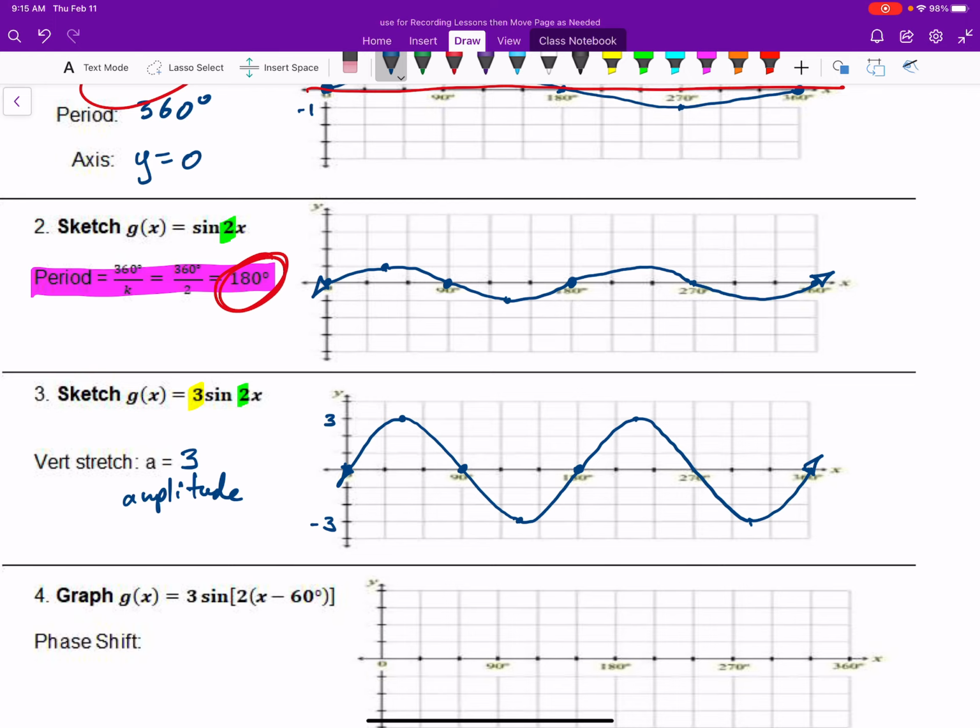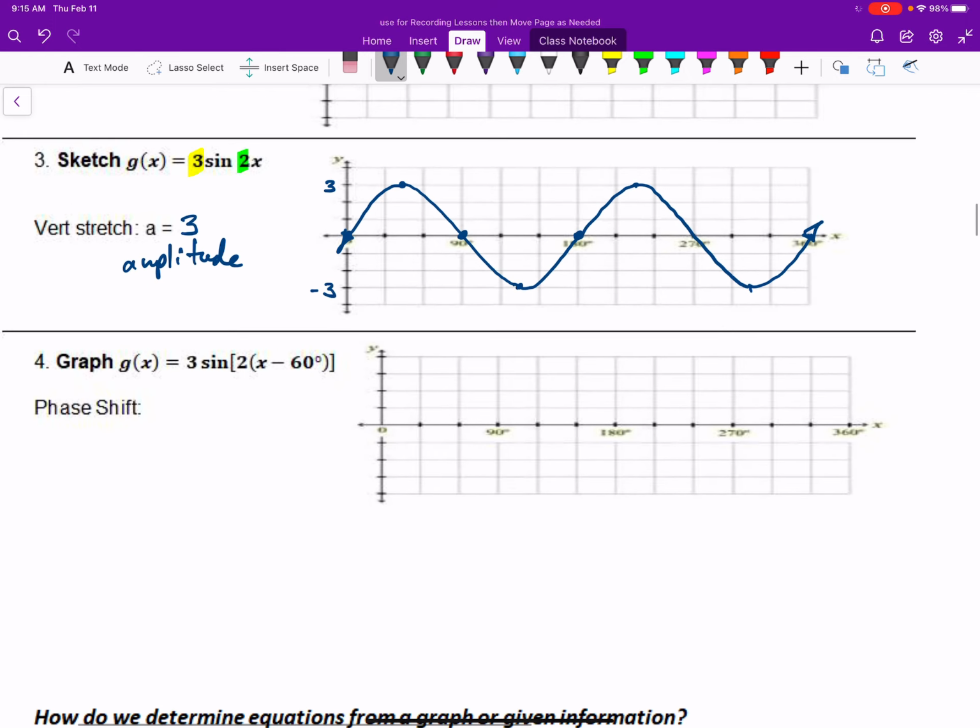Well, what if we add some other stuff in here? Here's one, extending it again. Still got an a value of 3, still got a k value of 2, but now it's got a d value. D is 60 degrees. Remember, d values have to be inside the function, which this is. This 60 degrees is clearly inside the brackets; we're taking the sine of it.